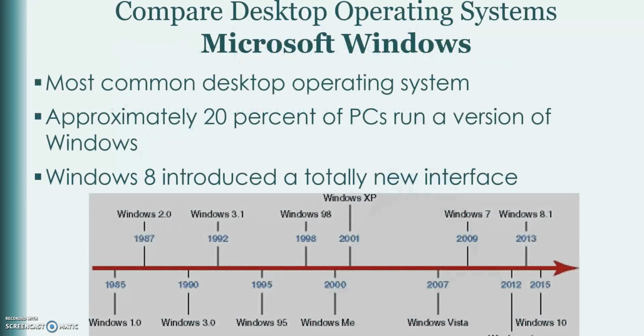So here's a little timeline for you from Windows. Windows is the most common desktop operating system. About 90% of PCs are running some version of Windows. Versions from 1985 to the present are shown on this slide. So, fun facts for you.